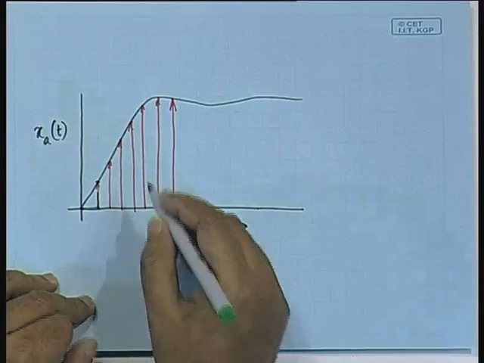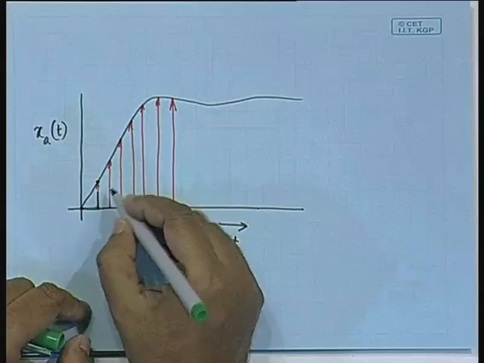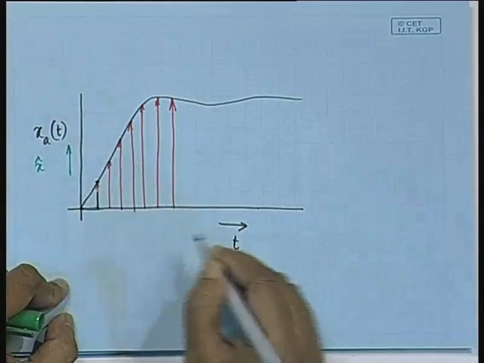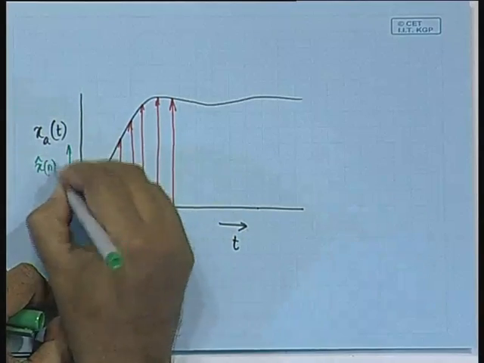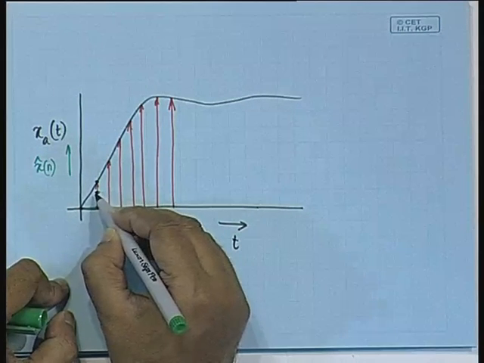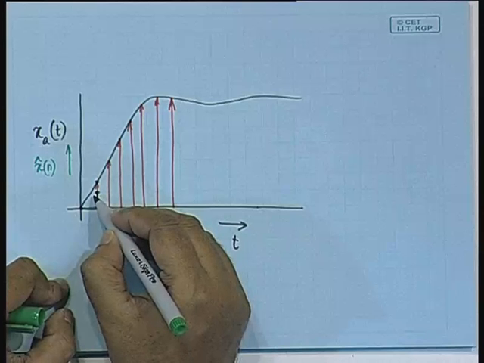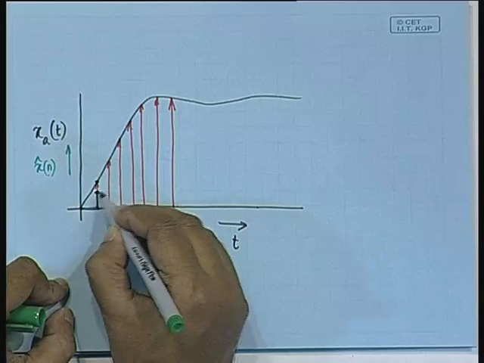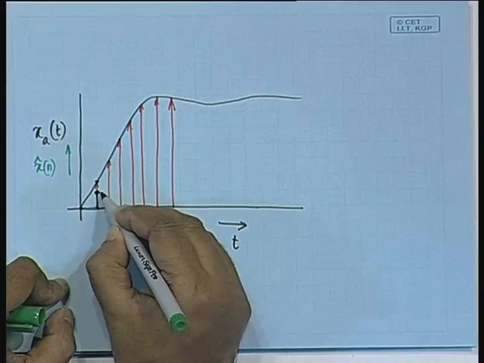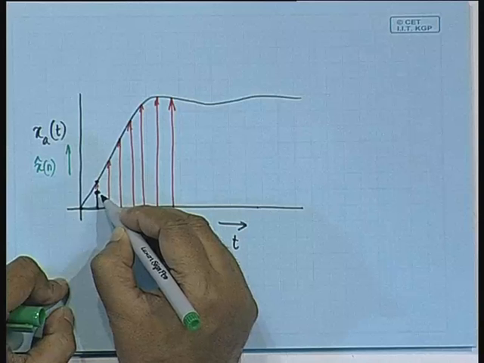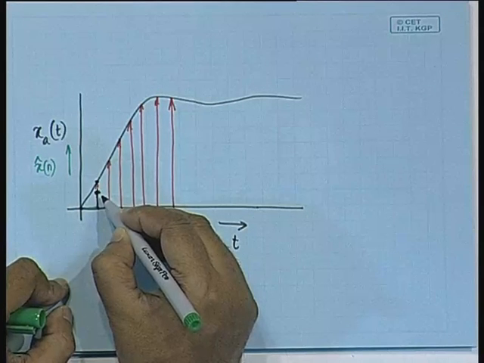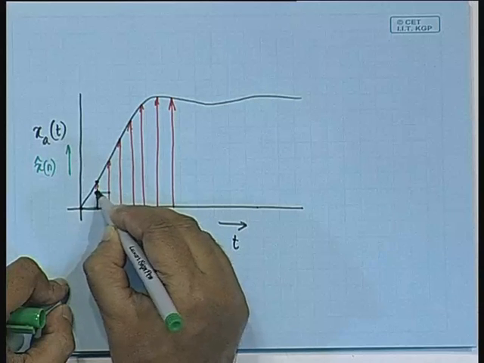If I plot x cap of n on this axis using the green lines, supposing this is the height for the step size delta, then here the value of x cap n will be this much, and till the next sample arrives, the value that we are assuming for the sampled signal will be this much.